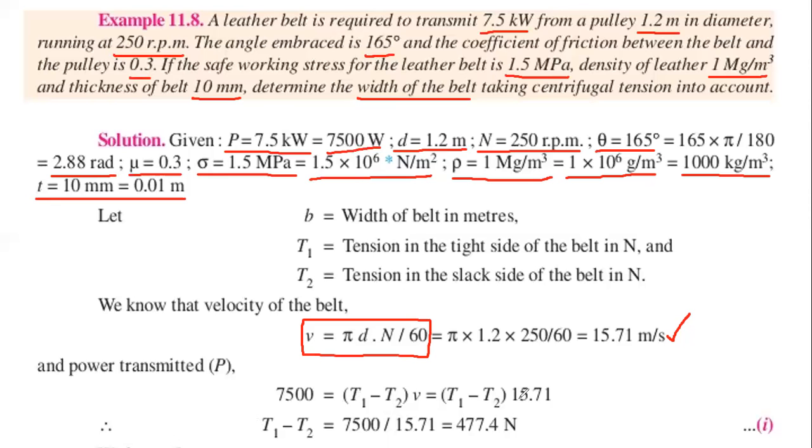So by substituting the values, we have T1 minus T2 equal to 7,500 divided by 15.71. The obtained value is 477.4 newtons.